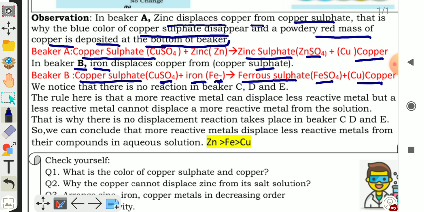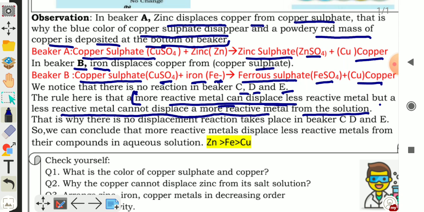We noticed that there is no reaction in beaker C, D and E. C, D और E में बच्चों कोई reaction नहीं होती. The rule here is that, what is the rule? Rule is more reactive metal can displace less reactive metal, but less reactive metal can't displace more reactive metal from the solution.